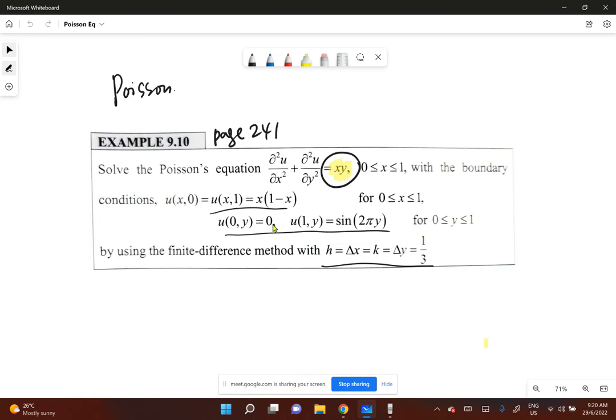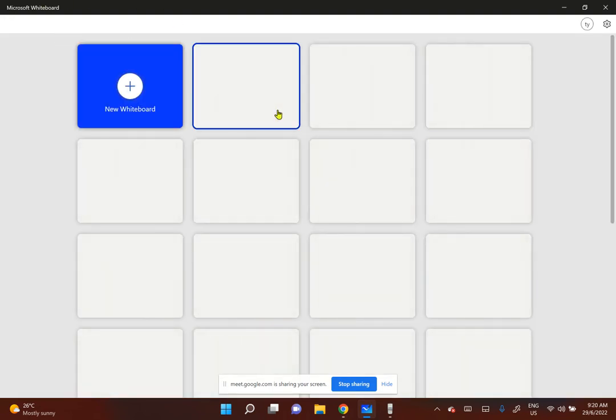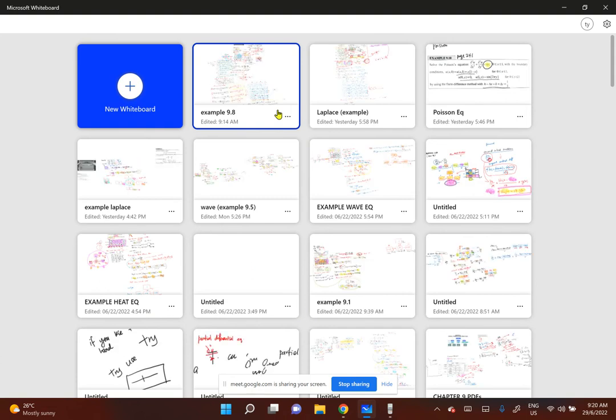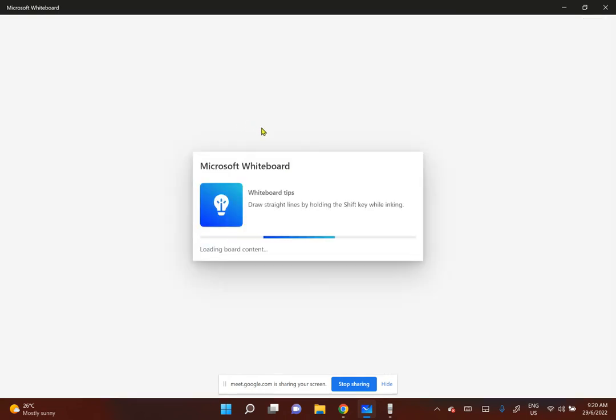The boundary condition and the step size are the same, the grid is the same, even x from 0 until 1, y from 0 until 1. The equation only has the right hand side equal to xy. Okay, so I go back to the previous one.